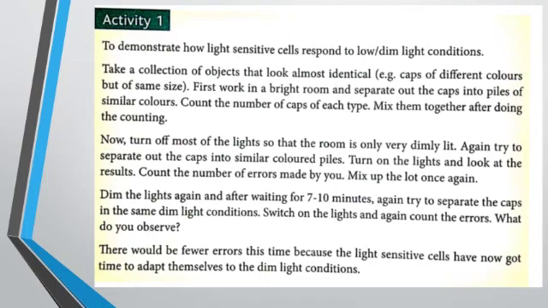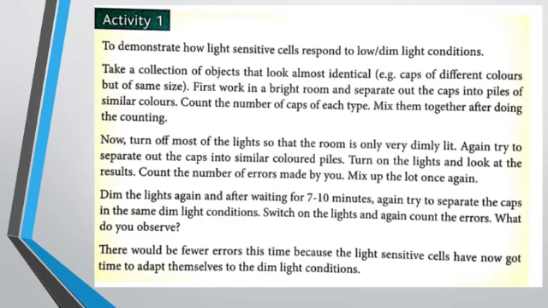There is an activity given in your book to demonstrate how light sensitive cells respond to bright and dim light conditions. For this, you have to take a collection of objects that look almost identical, of the same size. You can take caps of different colors of cold drink bottles.